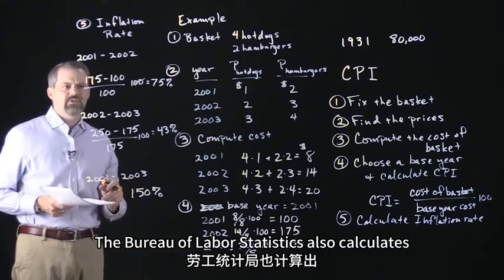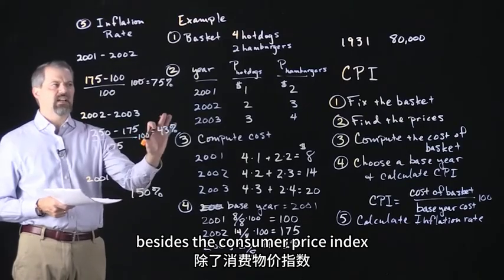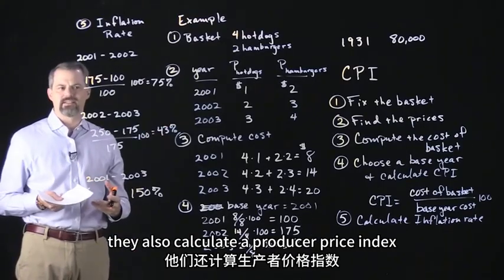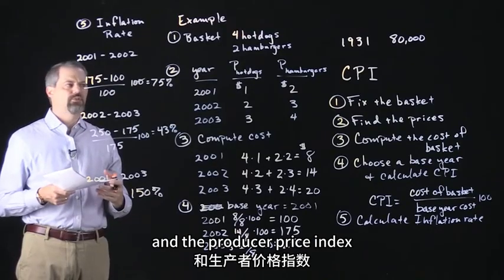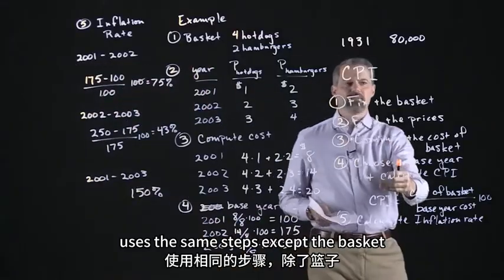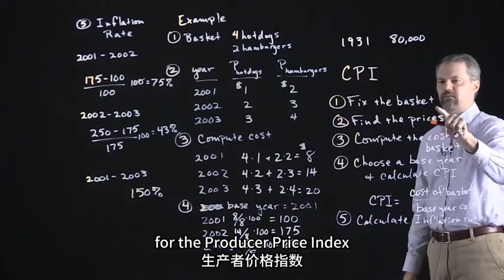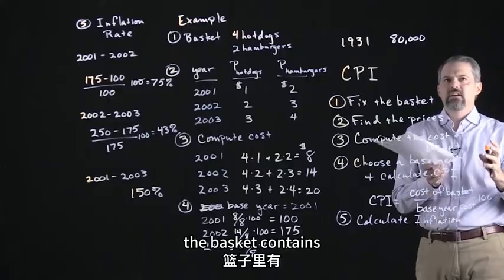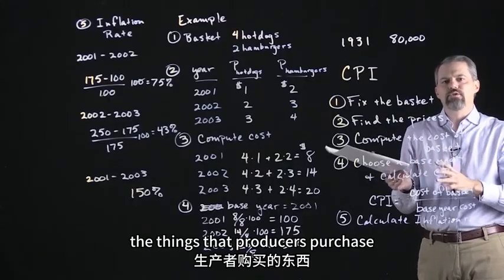The Bureau of Labor Statistics also calculates, besides the consumer price index, a producer price index. And the producer price index uses the same steps, except the basket for the producer price index contains the things that producers purchase.